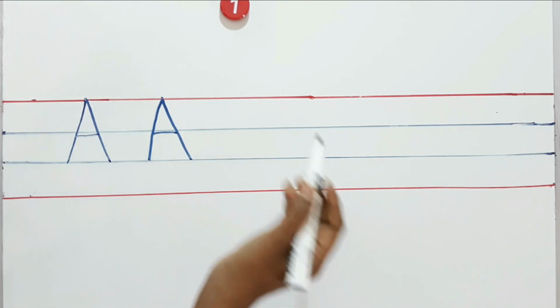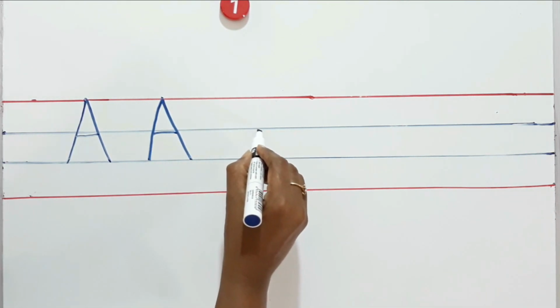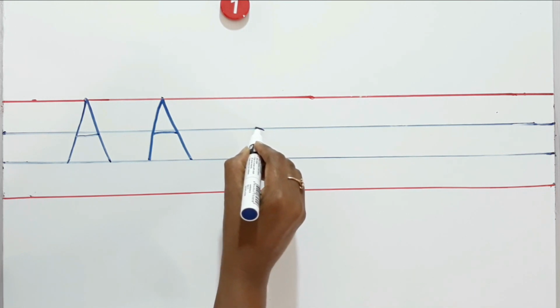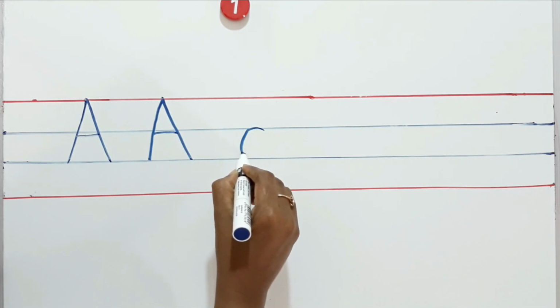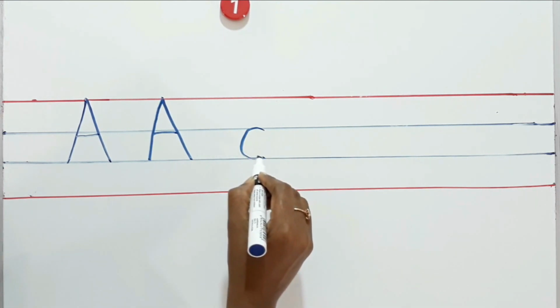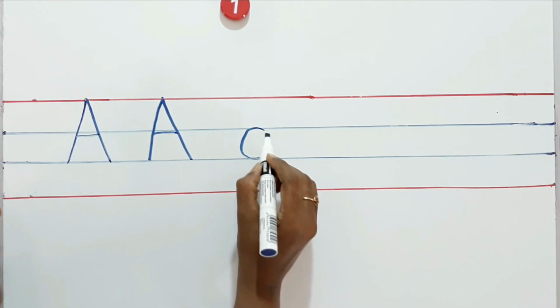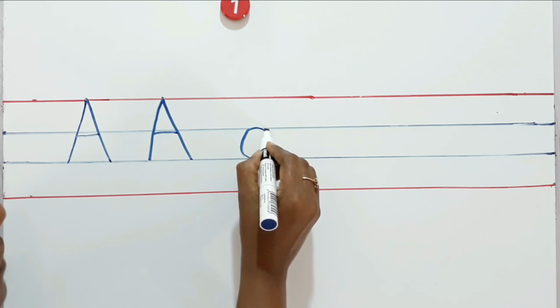Now I am going to show you how to write lowercase a. Around and stop. We start lowercase a from the first blue line and come down to the second blue line. Stop. Go back to the top, the starting point.